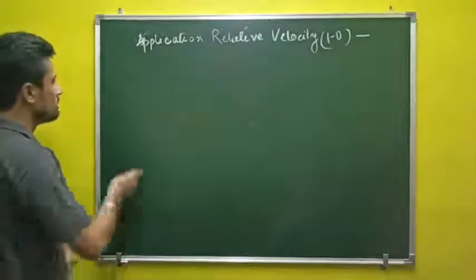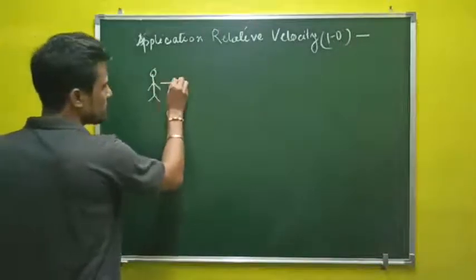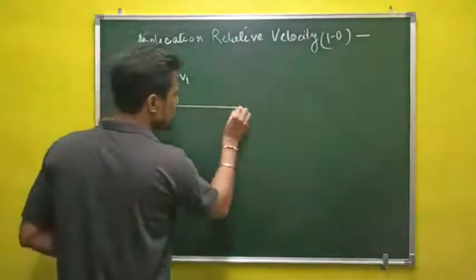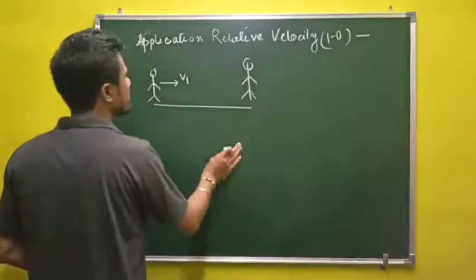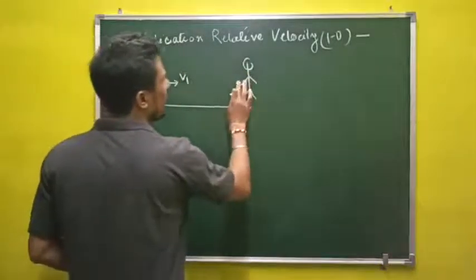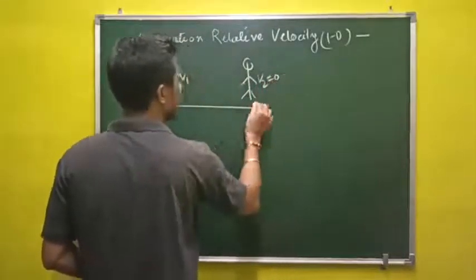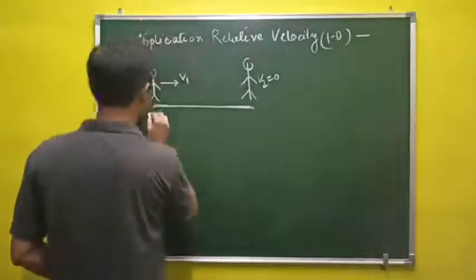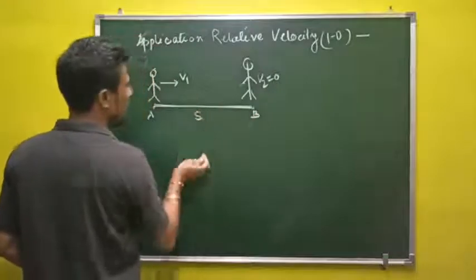Suppose there is a person with a velocity of v1. There is another person in the same direction who is at rest. Suppose v2 is 0, and the distance between these two persons, point A and point B, is S.